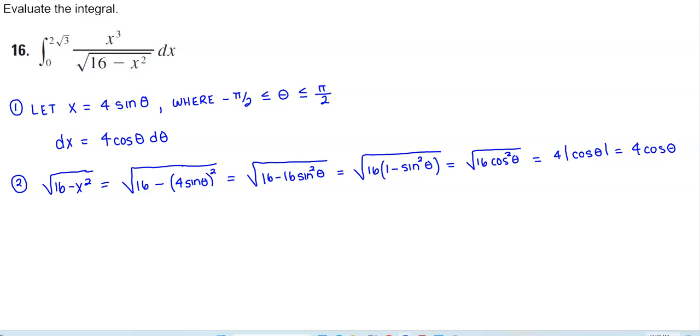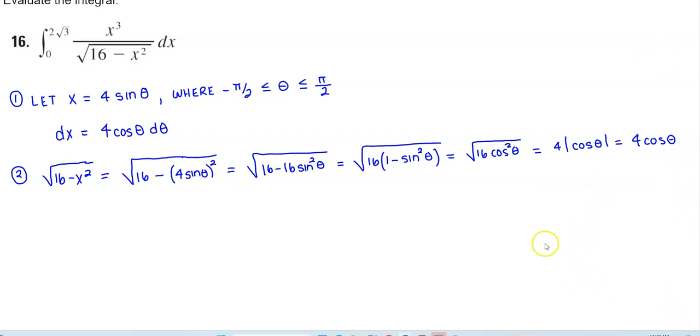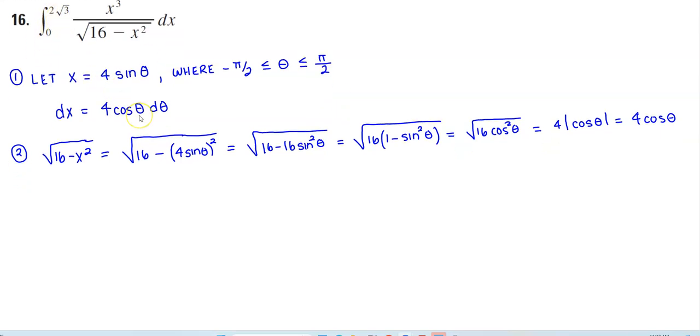So now we need to determine what our function is going to look like, and then what we do with the upper and lower bounds. So let's go ahead and write our integral. We're going to go from 0 to 2 times the square root of 3, and this now is x cubed over the square root of 16 minus x squared dx.